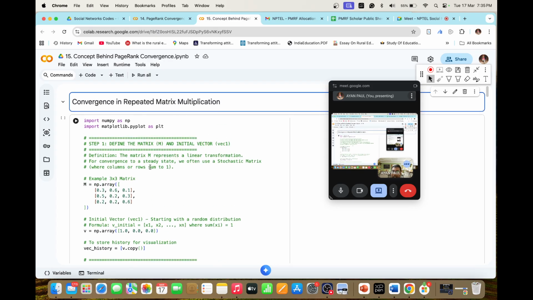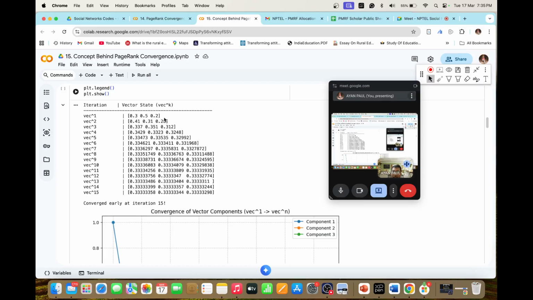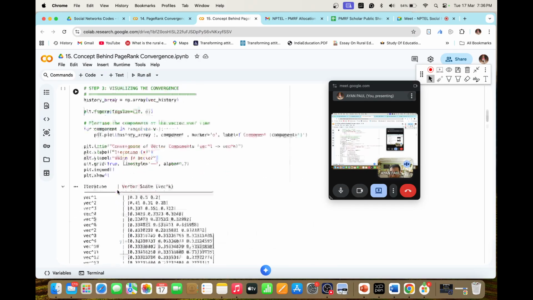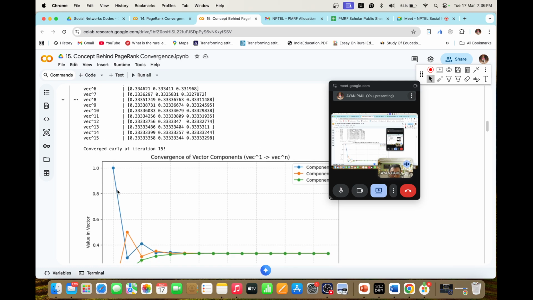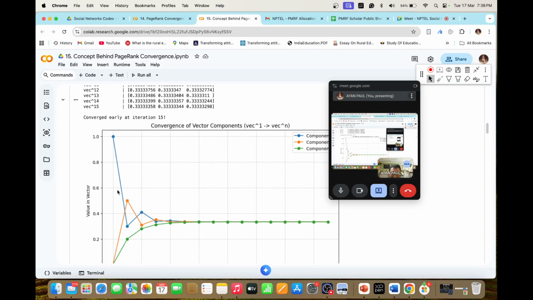First is convergence in repeated matrix multiplication. This is vector 1, and the vector converges after about the seventh iteration. You can see in the graph, initially this is the vector, it has three components: the blue component, orange component, and green component.